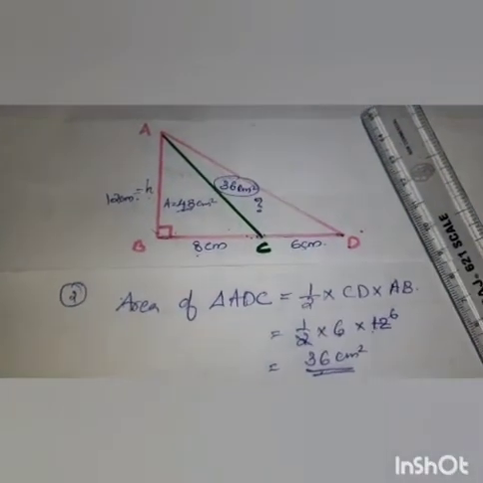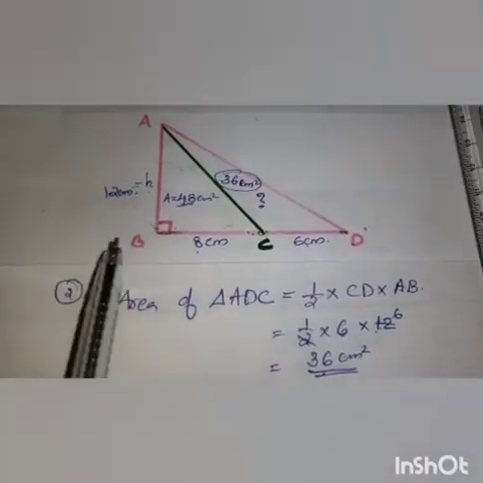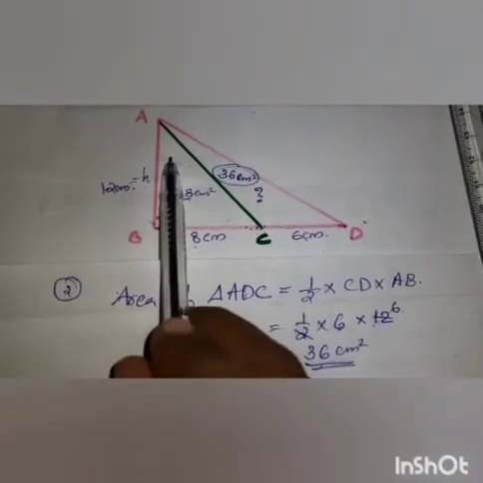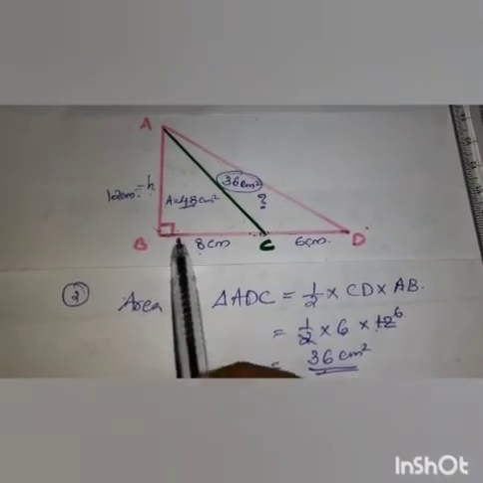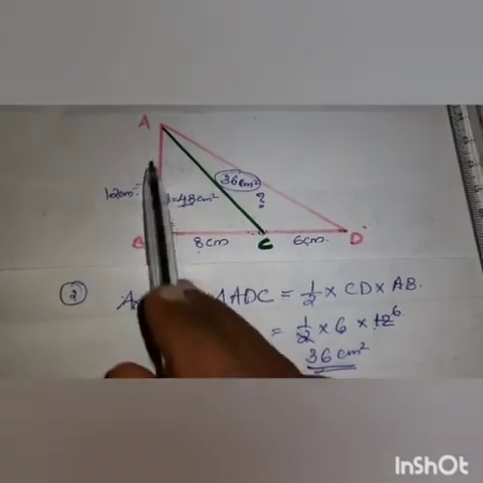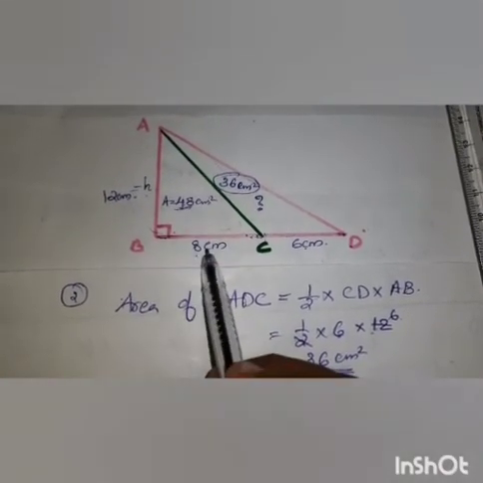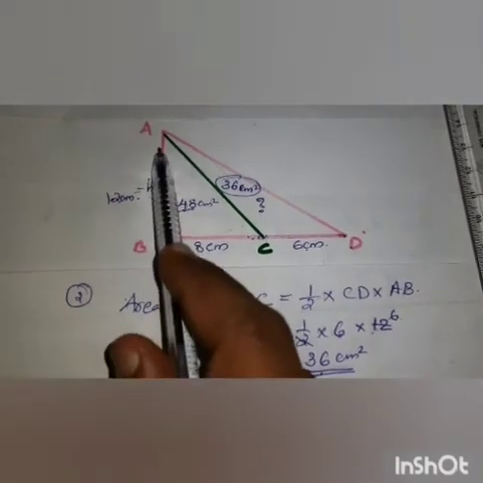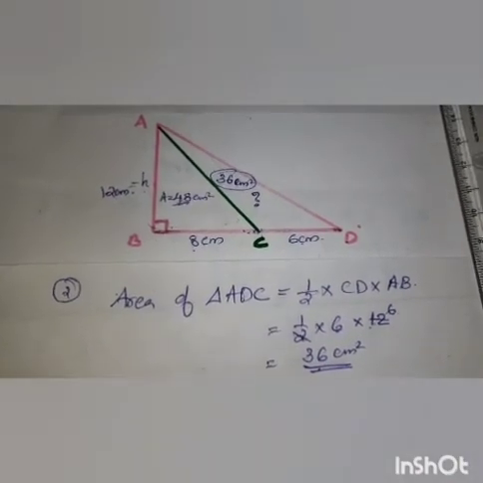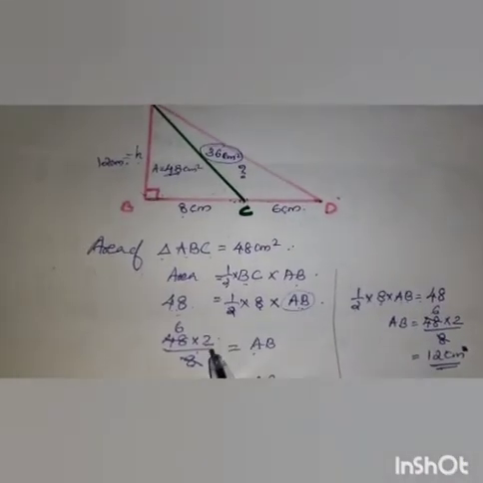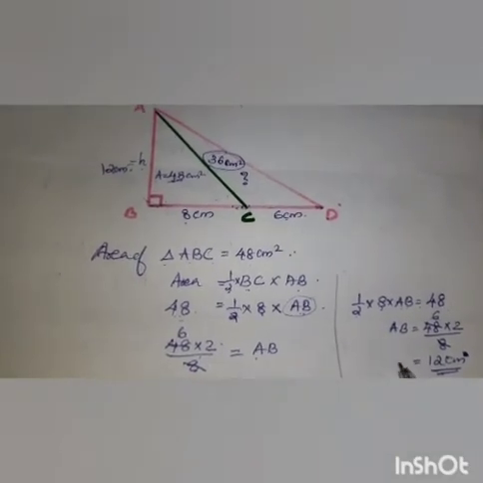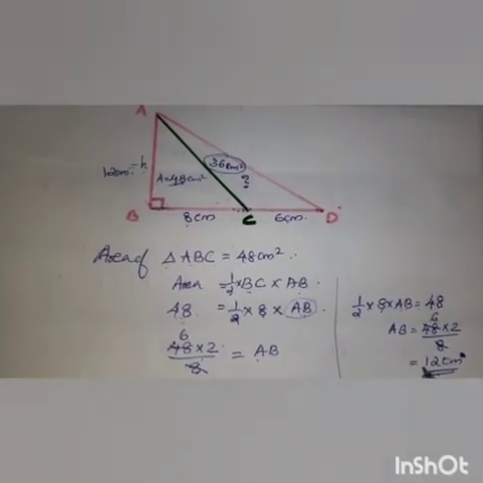So see the question again. Area of triangle ABC is given, 48, and base length is given, but the height is not given. So using this area and length we have to find out the height H. So you got H as 12 centimeter.